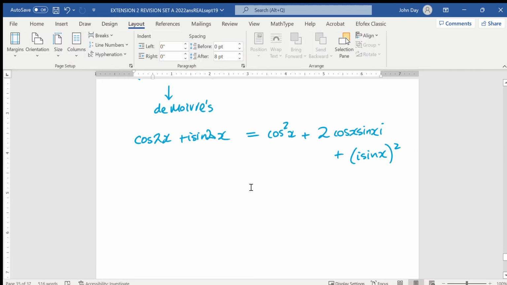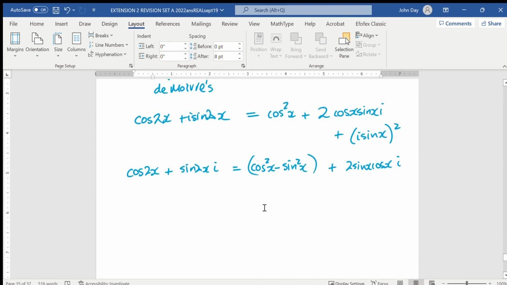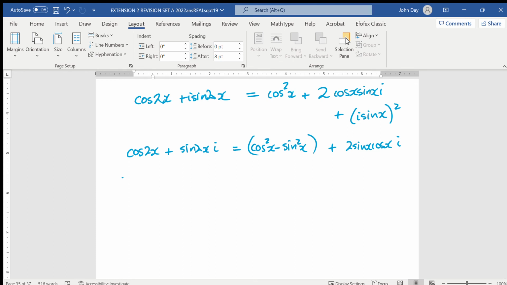So if I just neaten that up, we've got cos 2x plus sine 2x times i, and over here we've got cos squared x minus sine squared x for the real part, and 2 sine x cos x for the imaginary part. So once we get that, we can equate the real and imaginary parts.